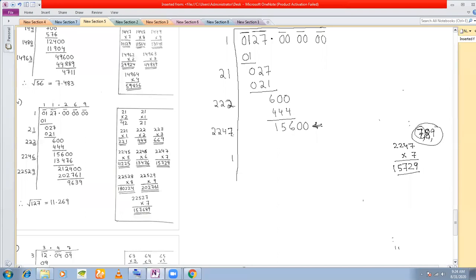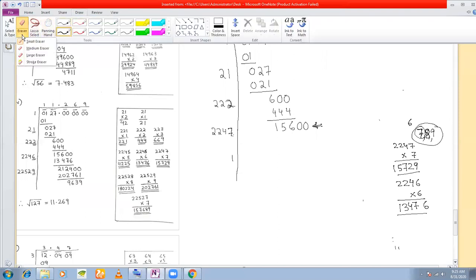But if you don't get it, it is least possible that you might get a 6 here also. So we try 6 also. 2246 into 6 is 13,476, which is less than 15,600.